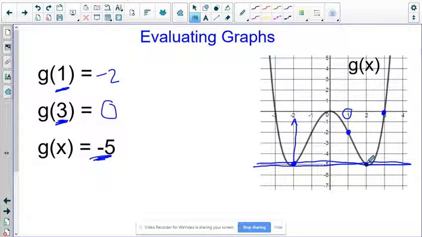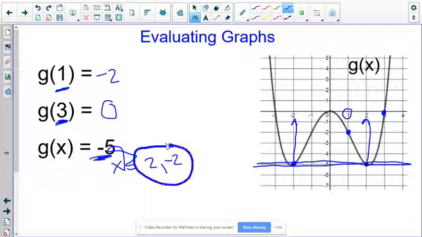But it also crosses right here at +2. So I actually have two answers. X is 2 and -2. You have to write down all of the answers that it crosses at. So I have two answers, 2 and -2, right here and right here.